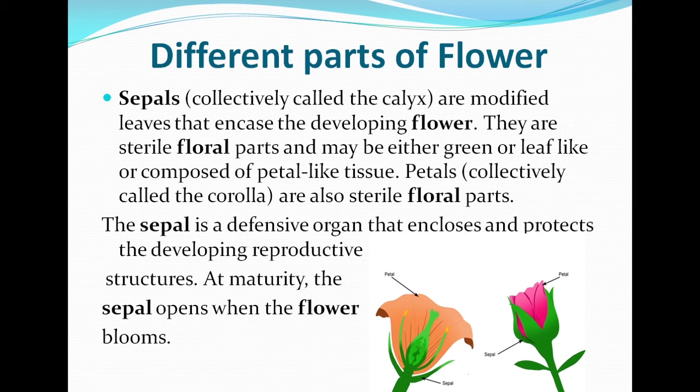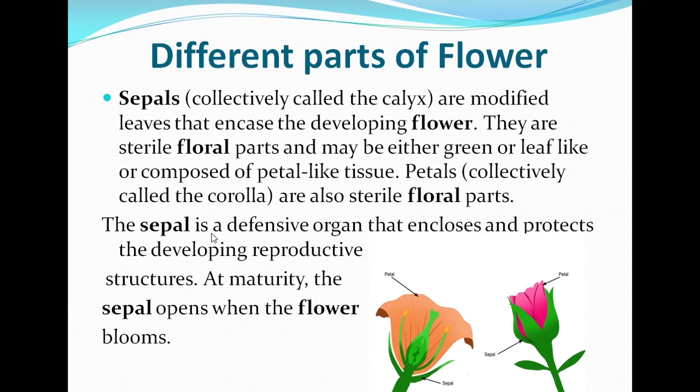Now, different parts of flower. Sepals, collectively called the calyx, are modified leaves that encase the developing flower. They are sterile floral parts and may be either green or leaf-like or composed of petal-like tissue. Petals, collectively called the corolla, are also sterile floral parts.